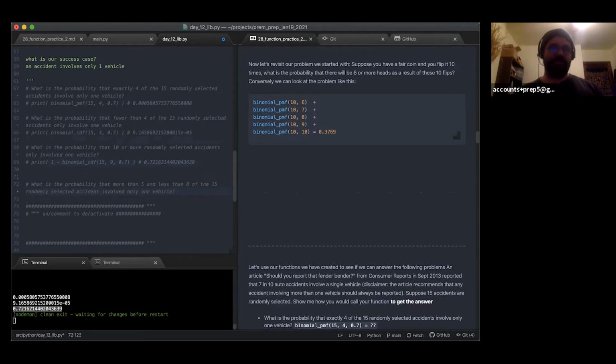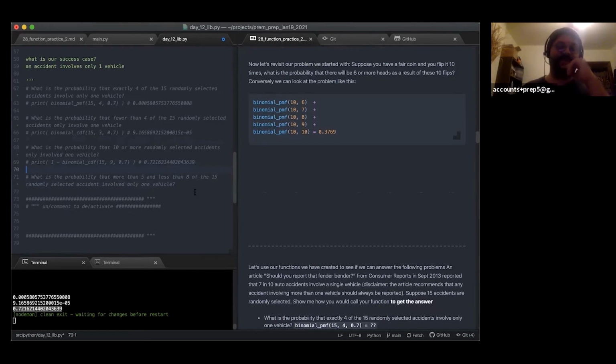Okay. And finally, what is the probability that more than 5 and less than 8, so between 5 and 8, of the 15 randomly selected accidents involve only one vehicle?